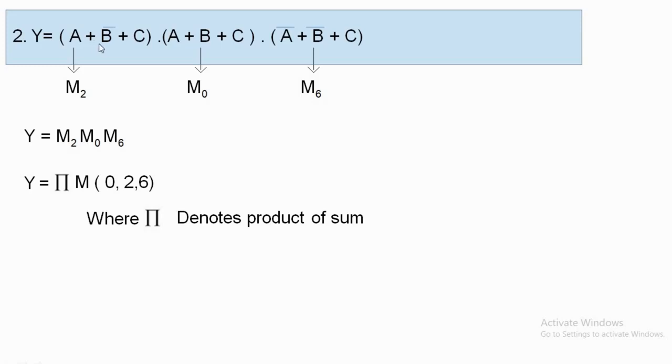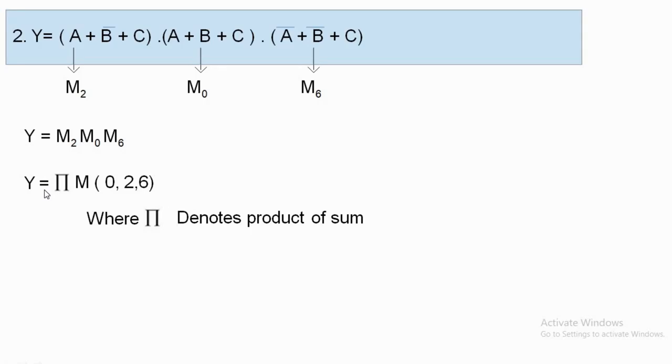Y is equal to A plus B bar plus C into A plus B plus C into A bar plus B bar plus C. So, from this equation, we can write down max terms. So, first term is M2, second term is M0 and third term is M6. These M2, M0 and M6 we can write from the 3 variable table that we earlier studied in the previous slide.